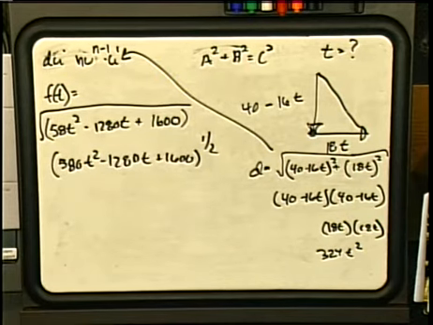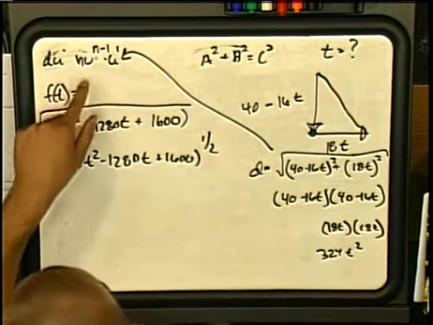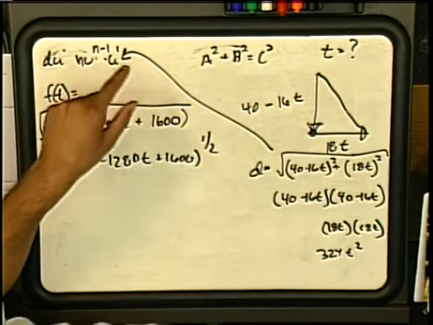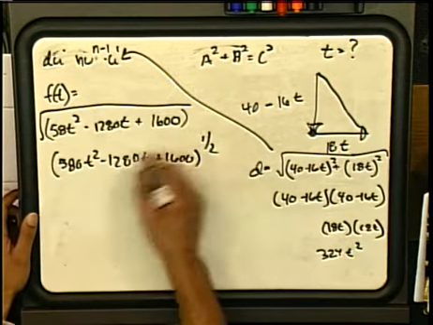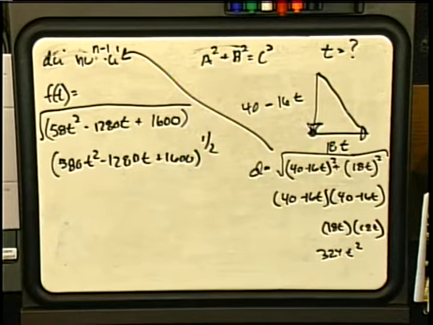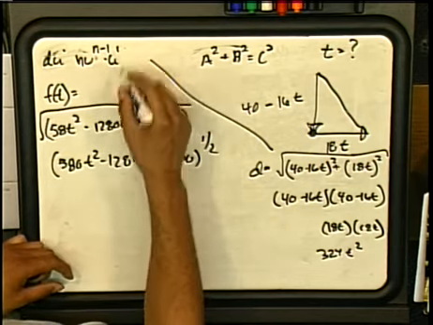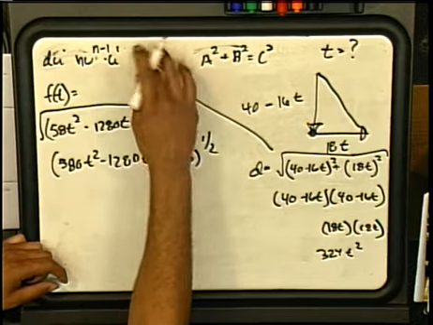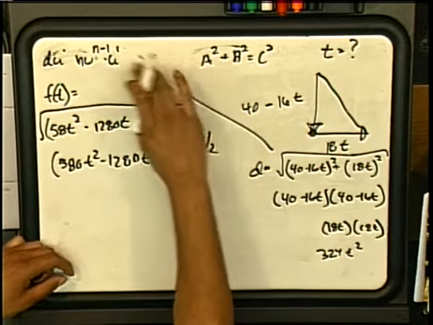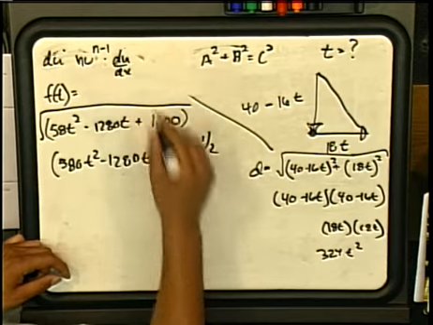I think that's it. Is that the chain rule? Gotta find out. n u to the n minus 1, and then in parentheses du over dx. Yeah, that's it.